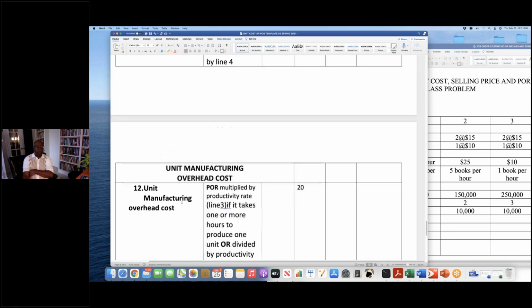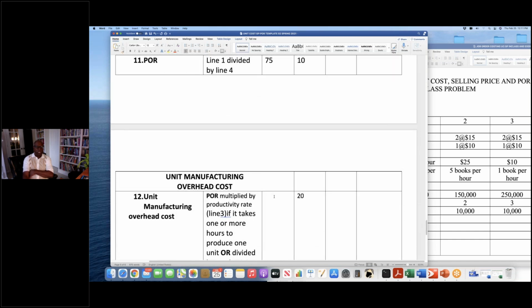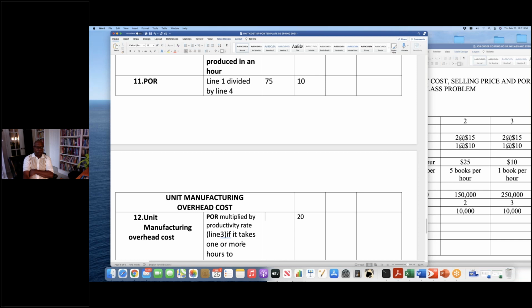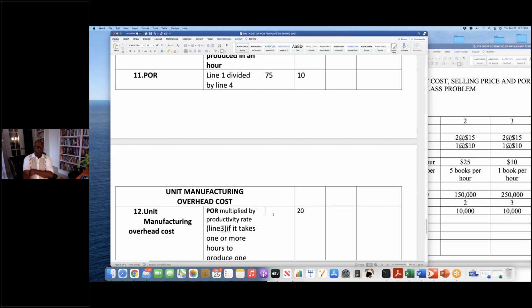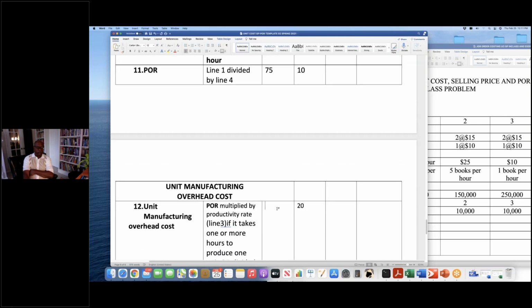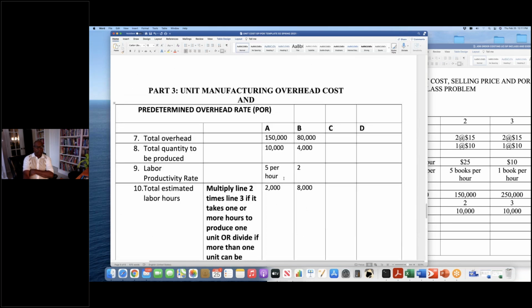Let's see if we can now get this. What's our unit overhead cost going to be? 25. How did you get 25? I divided it by line 3 with the rate, about 5.